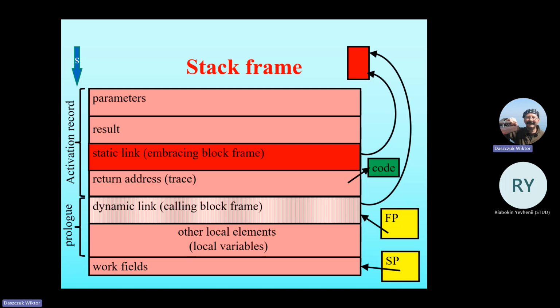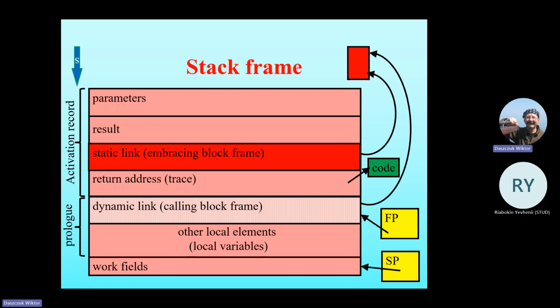And the program starts to run. It deposits the link to the frame of the calling subroutine, so as not to lose it, because there is a special register called the frame pointer that points to this frame, not to the beginning. It points to this address. And if we enter something into the frame pointer, we destroy the old value.